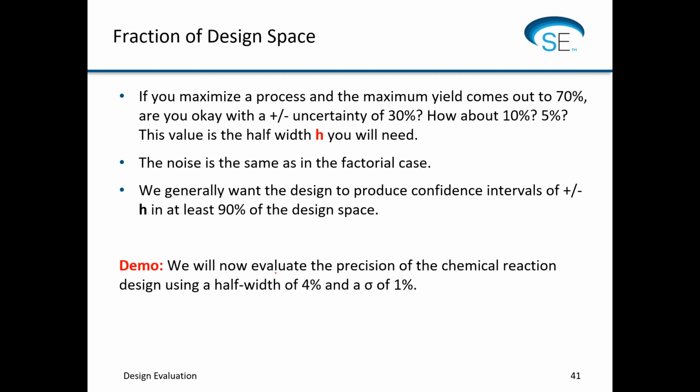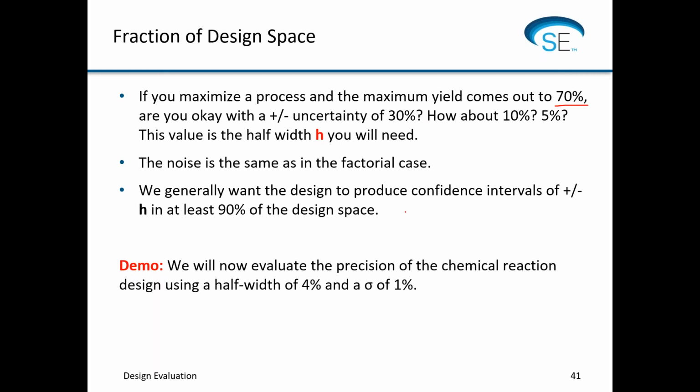Like with this yield, as a thought experiment, let's say the maximum yield might come out to be 70%. What if you look at the confidence interval around the point prediction and it says, I'm expected to get a 70% maximum yield here, plus or minus 30%.